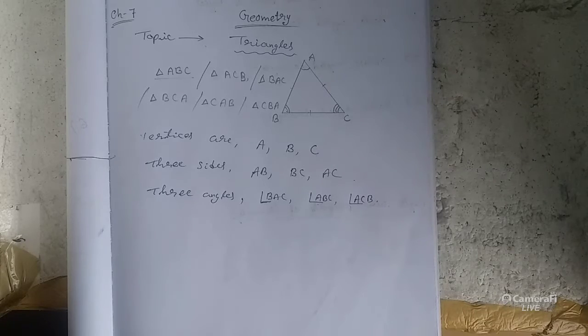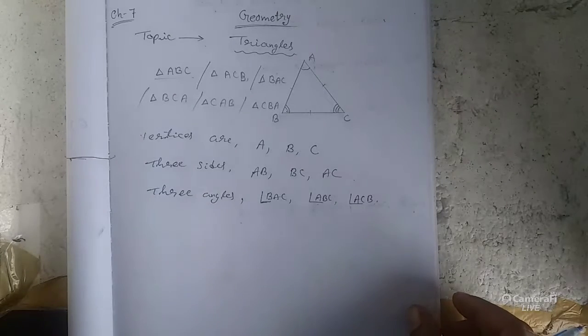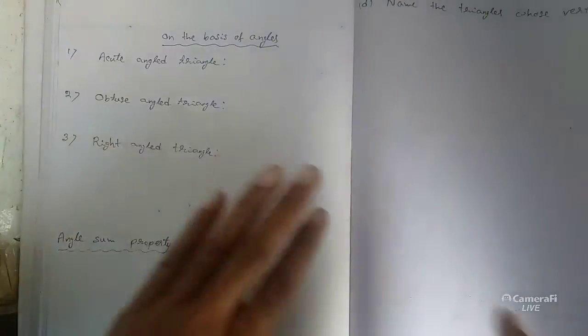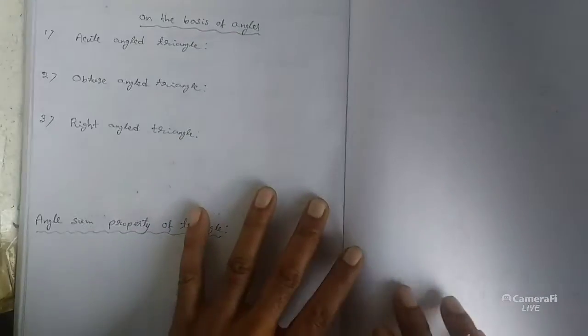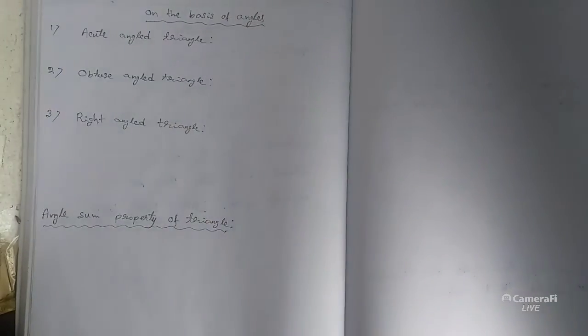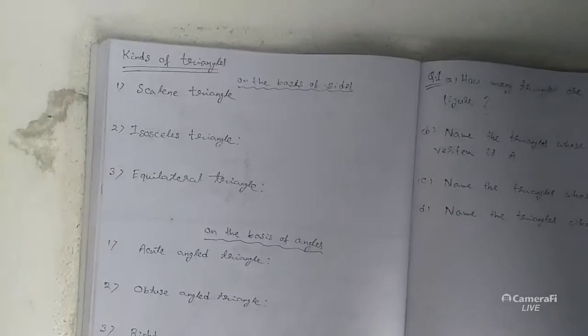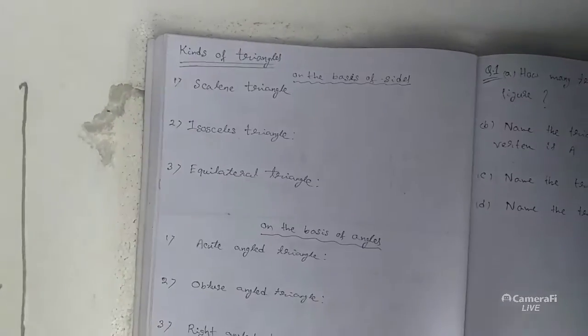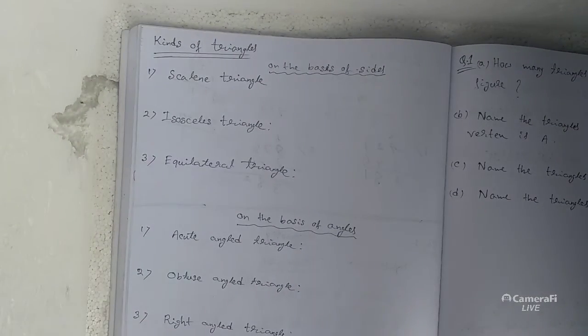Okay. Now let us come to the different kinds of triangle. There are mainly types of triangle based on the length of the sides and on the basis of angles.